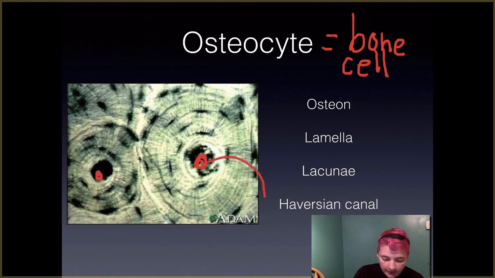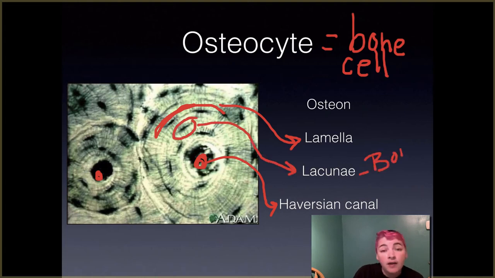The rings themselves are the lamella. The little blackened spots are the lacunae. This is where the bone cell is located. So the osteocyte is in the lacunae. The whole ring itself is the osteon.